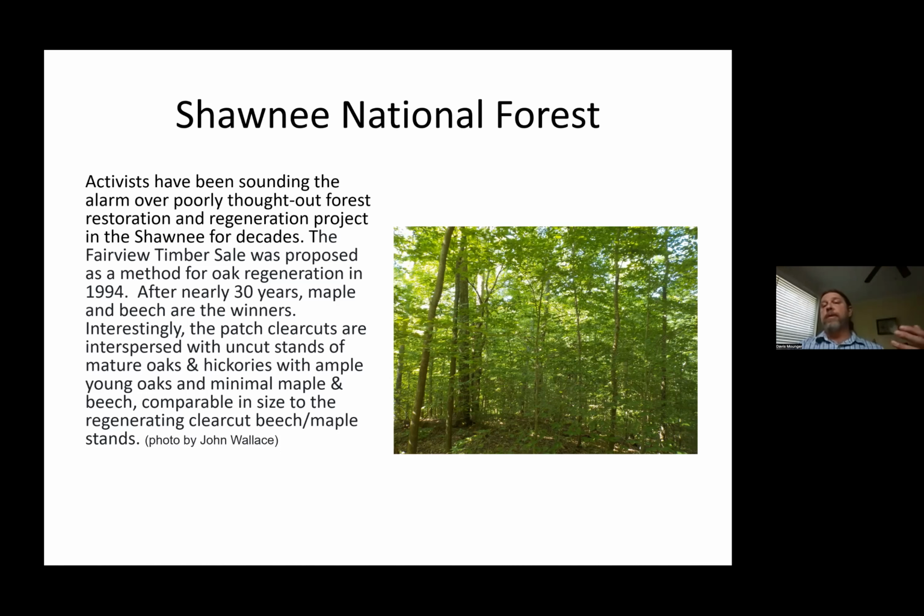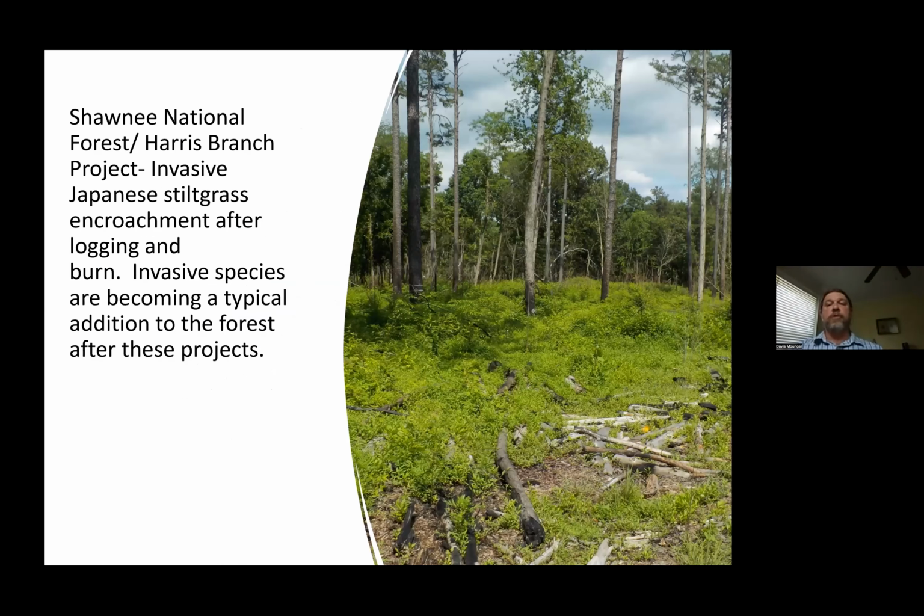They've had 25, 30 years to cut and then somehow promote the regeneration of oaks, and it's just not happening. And of course, the invasives are often coming in. So a lot of these places, like the Shawnee, or say the Pisgah, or the Daniel Boone, they'll say we want oak regeneration, and instead we'll come up with things like poplars and maples, which are species they don't consider to be as desirable.